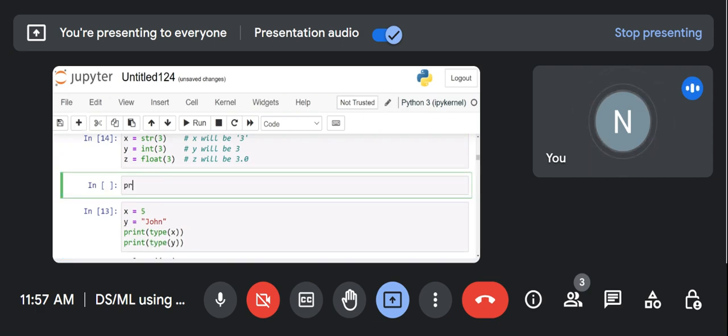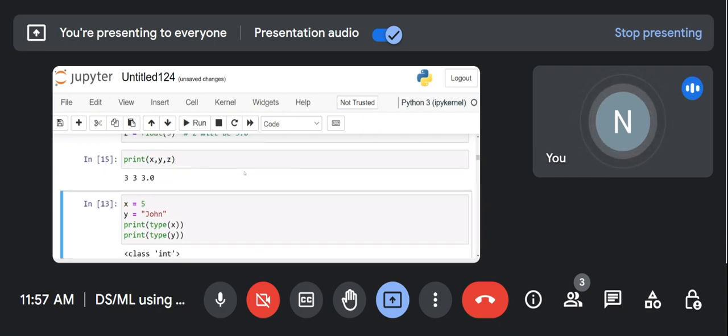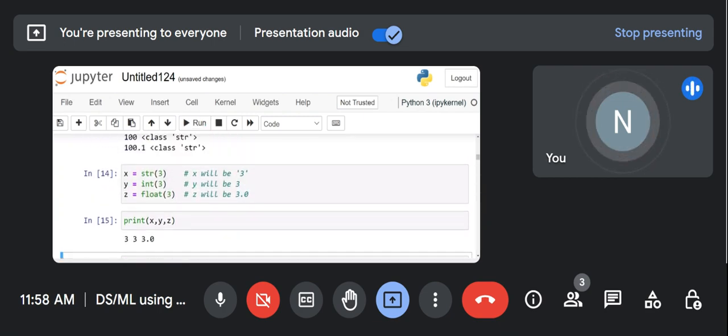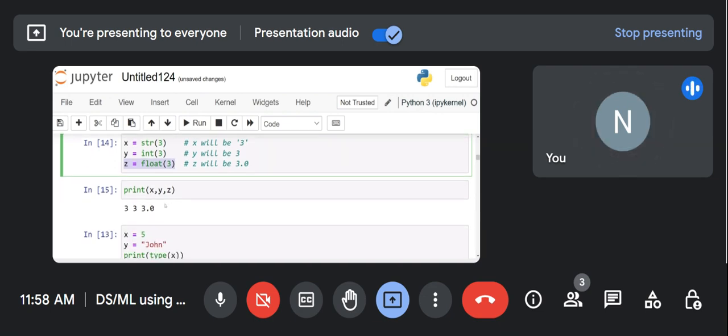And if I print these values, let me check what it will give you. X comma y comma z will give you 3, 3, 3.0, because z is a float. So obviously it will put a significance that I am a float person, so it will give you an additional decimal 0. The remaining, this is your string, this is your integer.